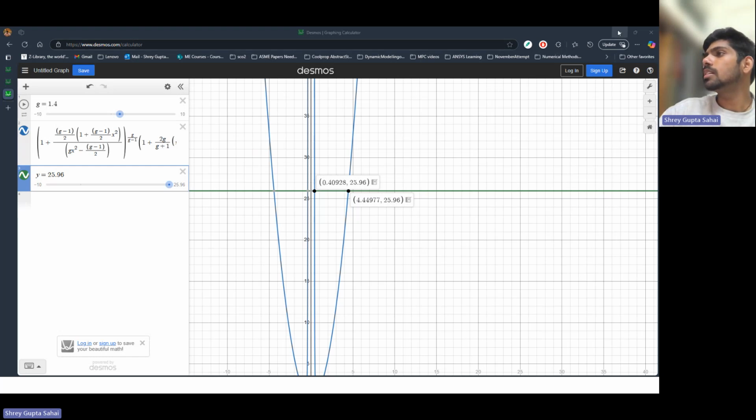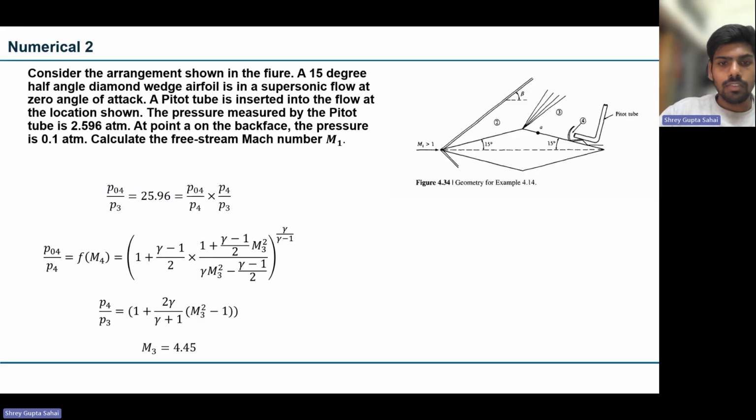Let me just check if that is the correct value we have got, first of all. Yeah, so we get Mach 3 is 4.45.